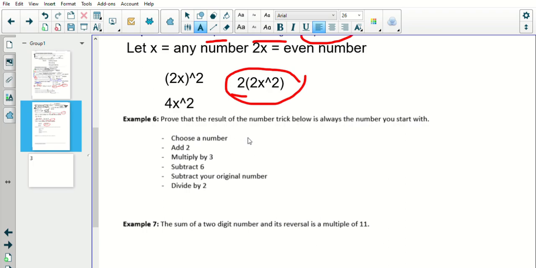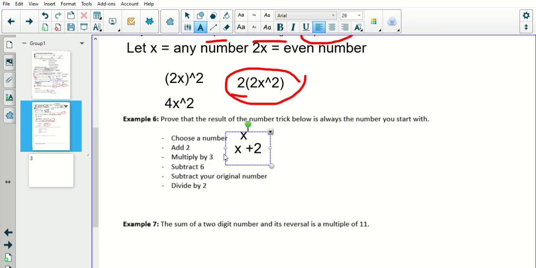So let's disprove this mathematically. All right. Well, let's read. Okay, we're going to start with a number. Well, algebraically, if we're starting with any number, we might as well represent that by putting an x. Okay, so x is going to be our number. Step 2 is we're going to have x, and we're going to add 2, x plus 2.